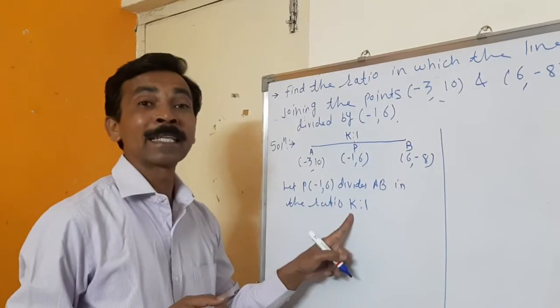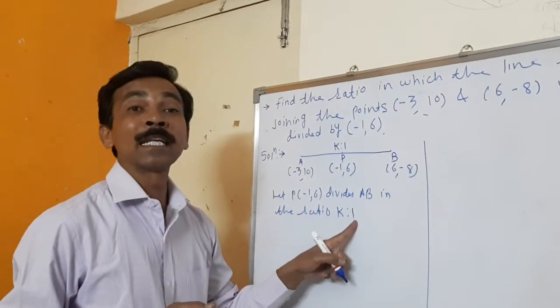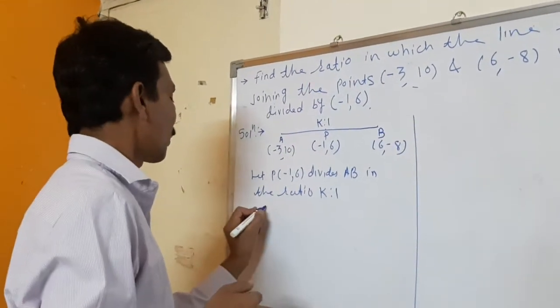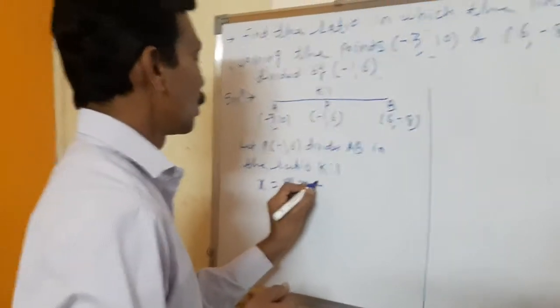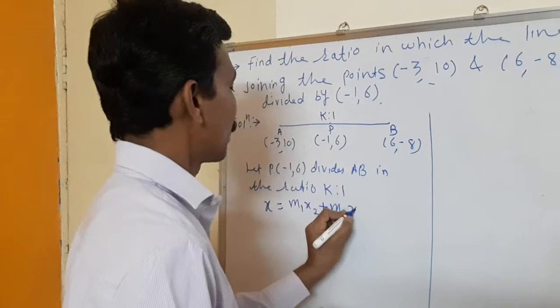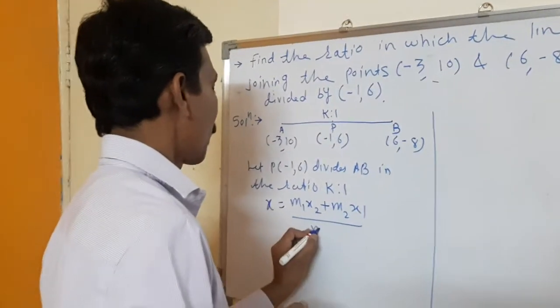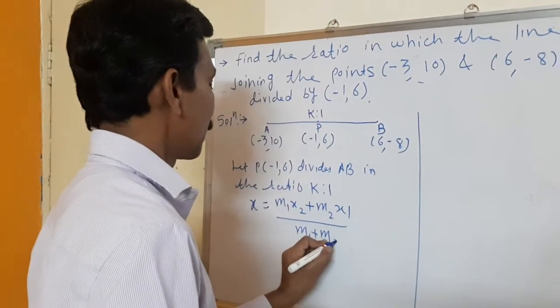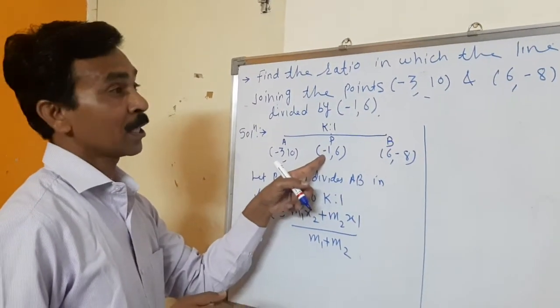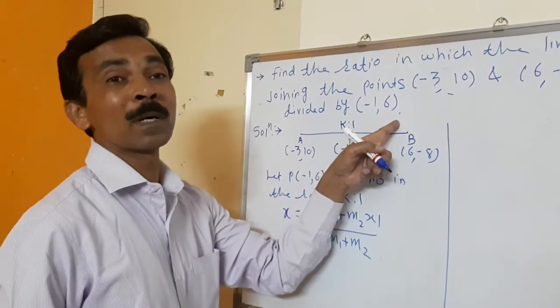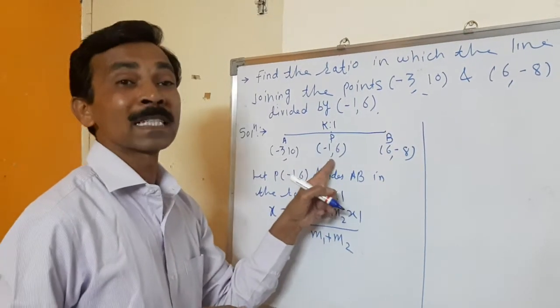This k is m1 and 1 is m2. I will write the formula for x coordinate. X is equal to m1 x2 plus m2 x1 upon m1 plus m2. Now value of x is given because the question is divided by minus 1 comma 6, means these are the values of x and y.